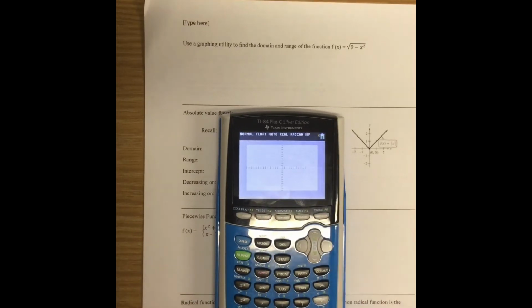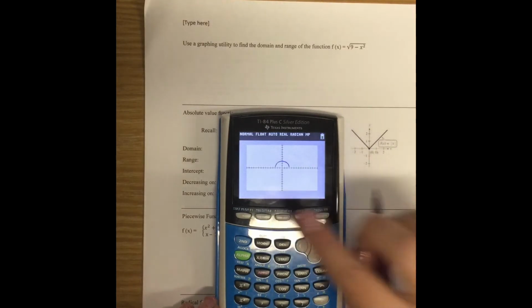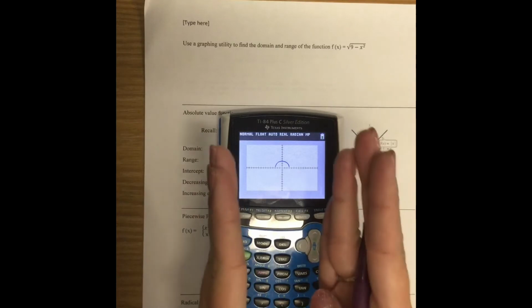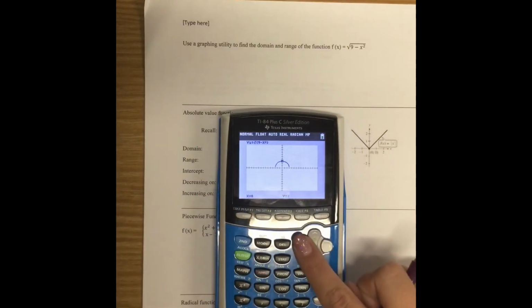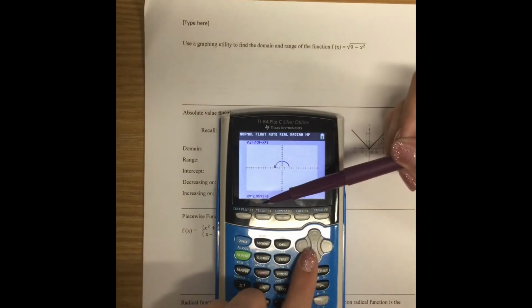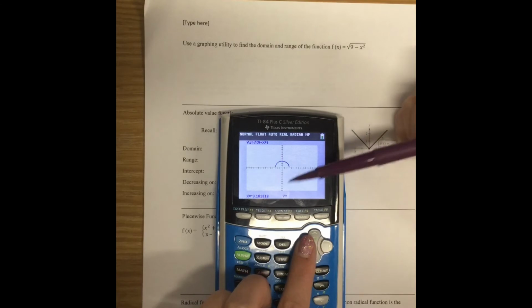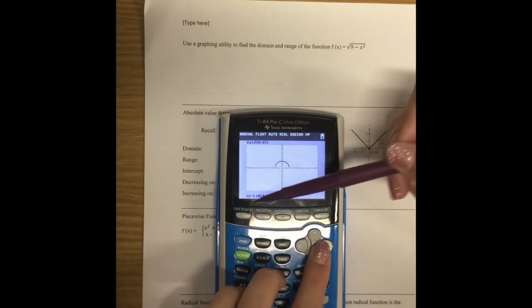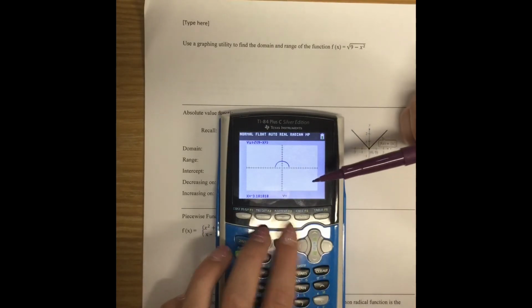And we can hit graph. So as you can see on the graph here, for our domain, we're definitely restricted. We have some smaller values. So let's go to trace and see where this domain is ending. So remember, domain is x. So as you can see here, it's going to negative 2.95. And then as we get down to that negative 3.18, we're gone.